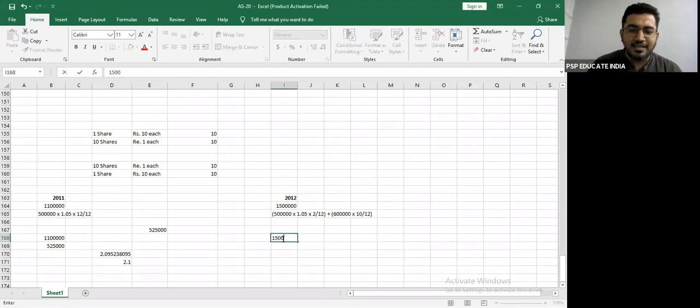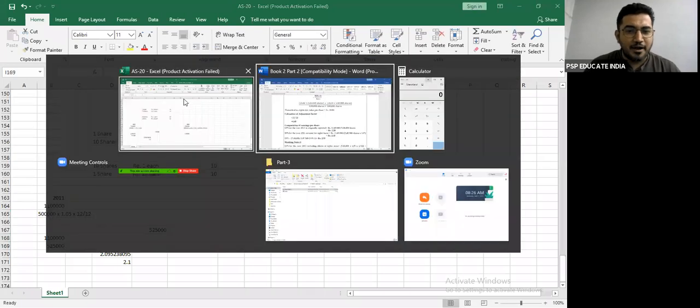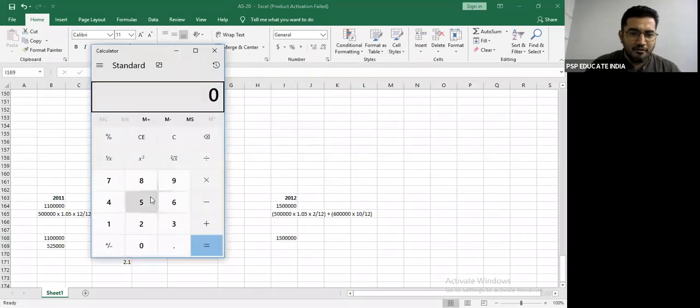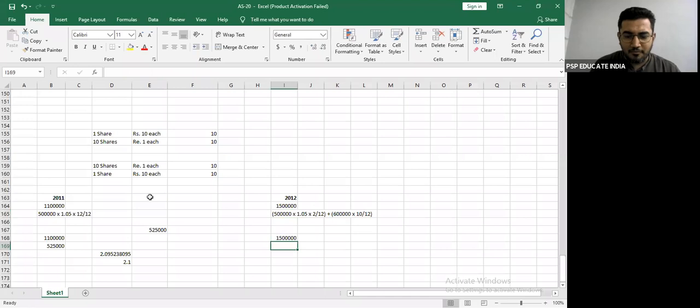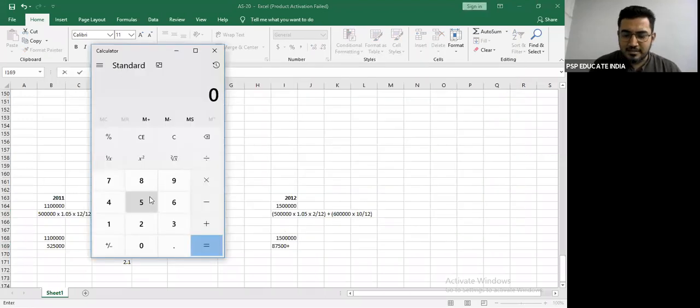Right, let's calculate that. You will have 15 lakhs divided by, you have 5 lakhs into 1.05 into 2 divided by 12. You get 87,500. So at one place, I take 87,500 plus 6 lakhs into 10 divided by 12. You get 5 lakhs.